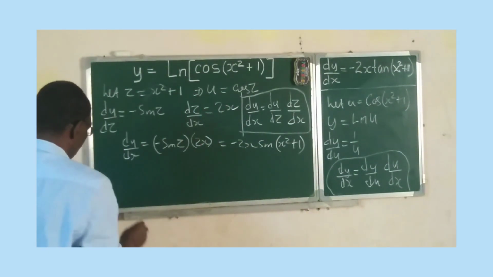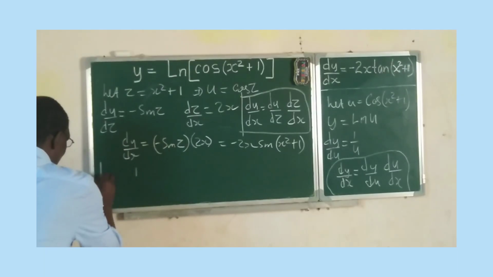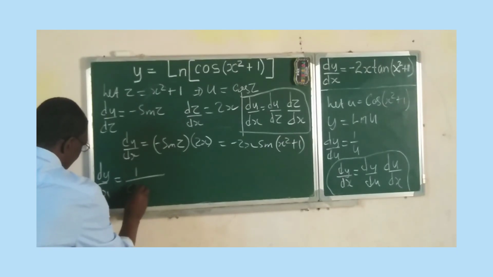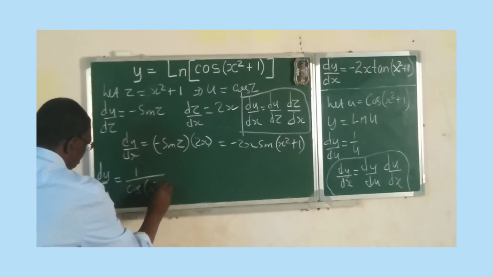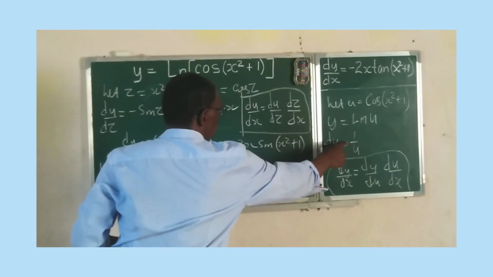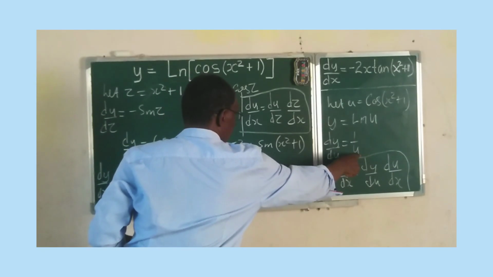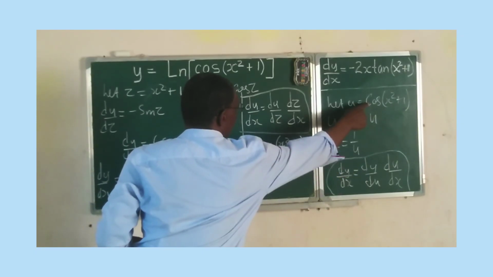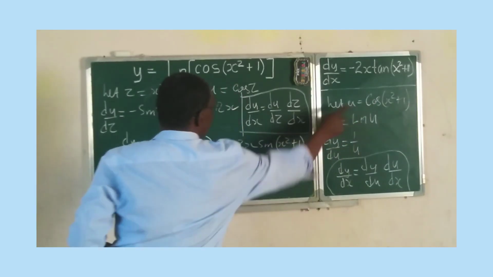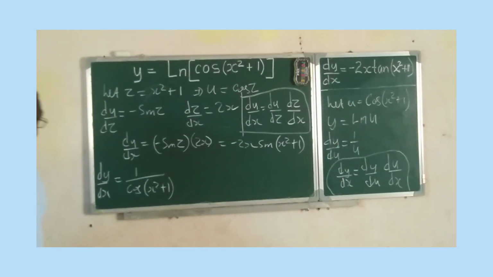Remember, dy/du is 1 over u, and u is equal to cosine of x squared plus 1. So 1 over u will be 1 over this thing here. I just want to make sure you get that.